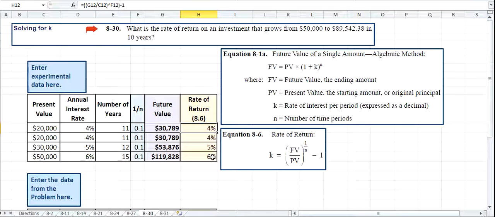So you should have the same rate of return in this cell right here as you have in the ones you're entering manually. Once you put in the rate of return that gives you the right amount for your future value, which is what you're looking for here, $89,542, then these two rates of return should match. Just to show you how that works. Okay.